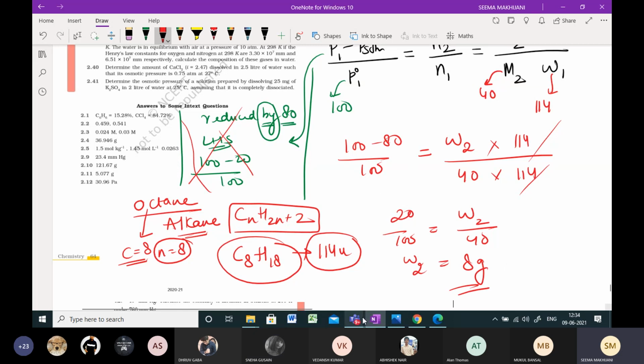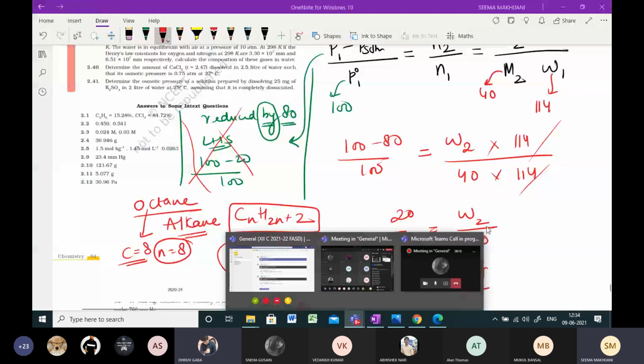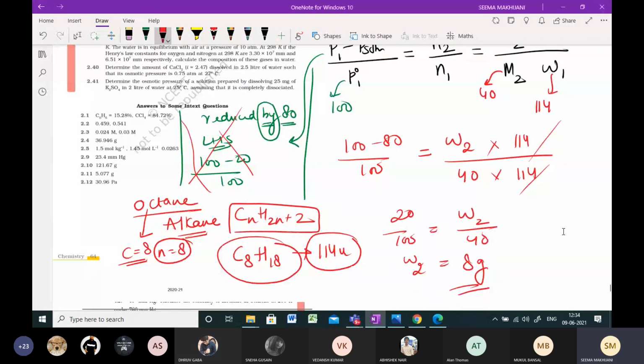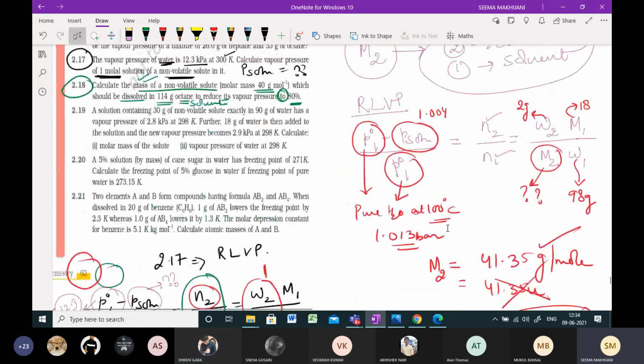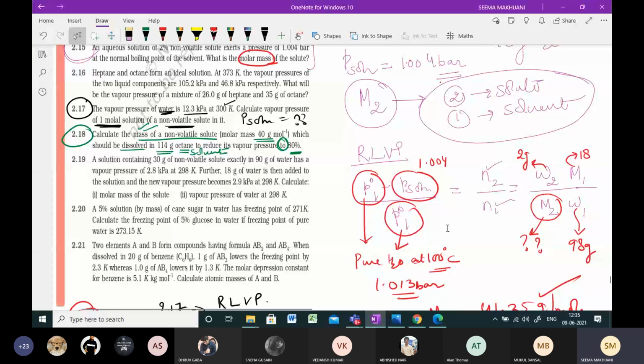Fine. So what are you asking? P1 not 100 कैसे लिया? Please read the question once again. Those of you who have not understood how P1 not 100 was taken, it is a relative term.